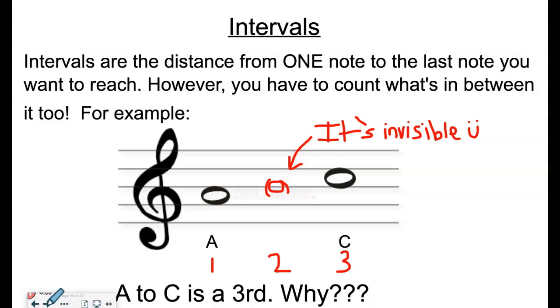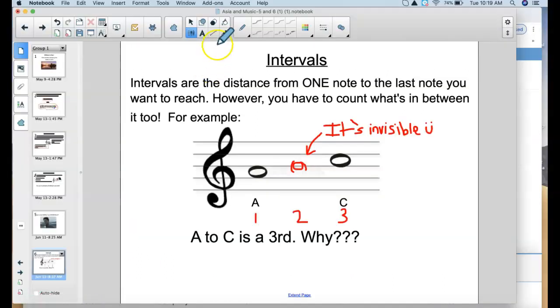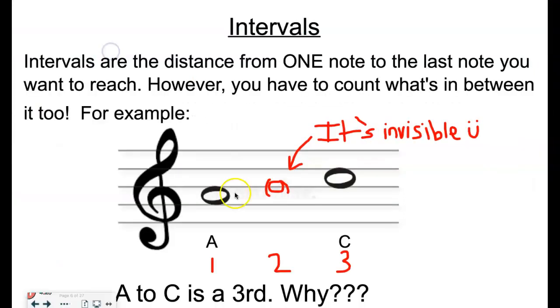They are the distance from the first note to the last note, and you have to count everything in between. So 1, 2, 3. First, second, and third.